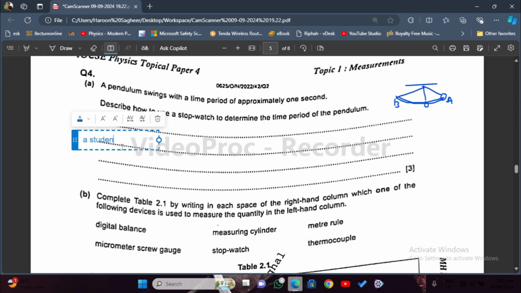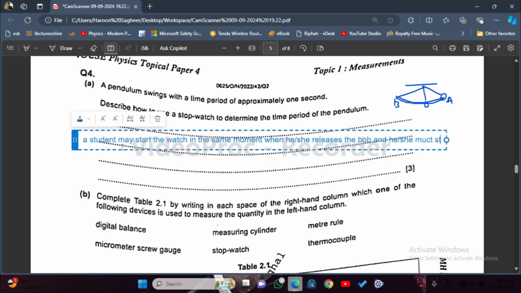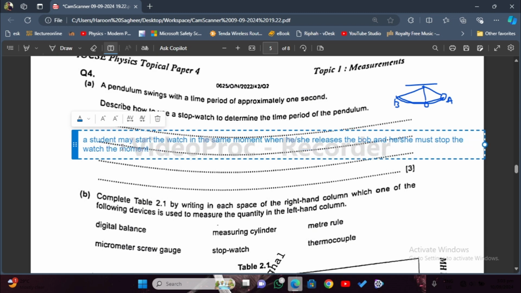A student may start the stopwatch at the same moment when she releases the metallic bob, and she must stop the watch the moment when the bob returns to A, which is the extreme position.